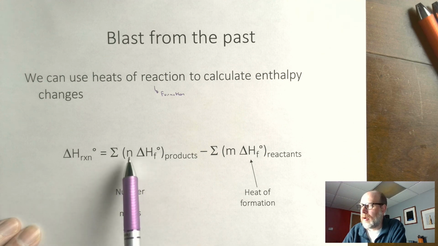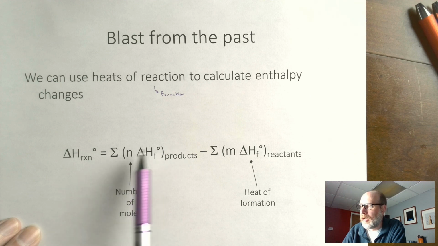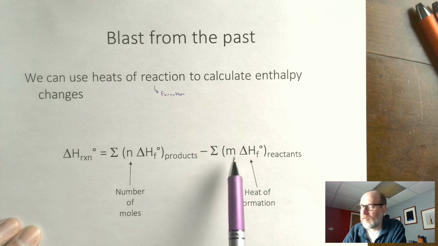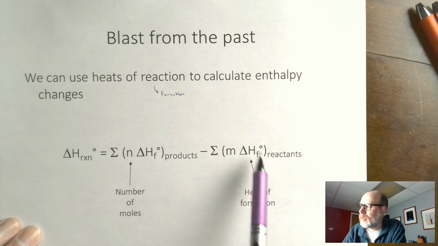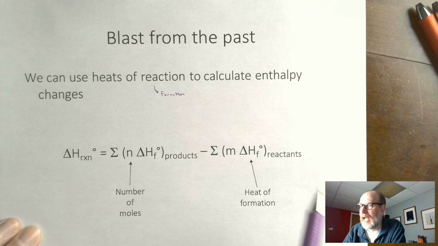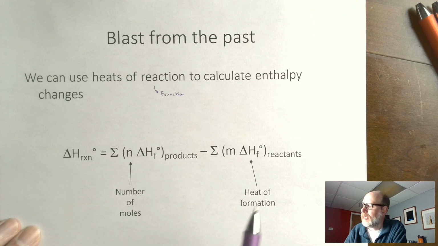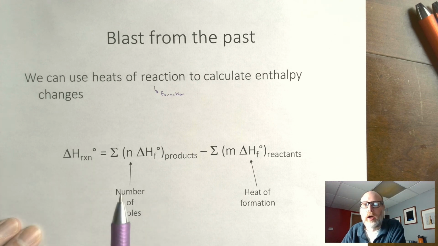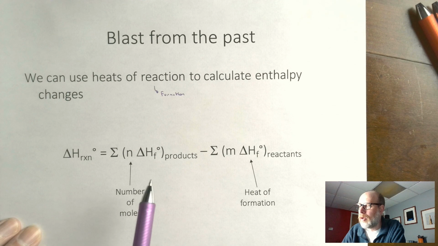It's the sum of the number of moles from the balanced chemical equation times the heat of formation for the products minus the sum of the number of moles from the balanced chemical equation times the heat of formation for all the reactants, and you add that all together. And we said we could then calculate an enthalpy change for pretty much any reaction that we want, provided that we have the proper heats of formation.